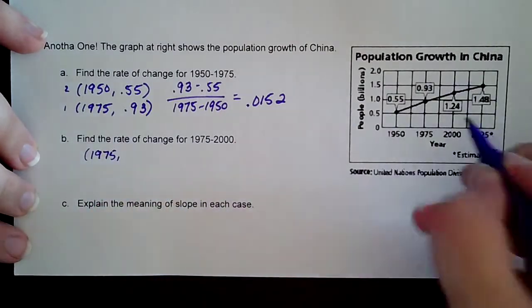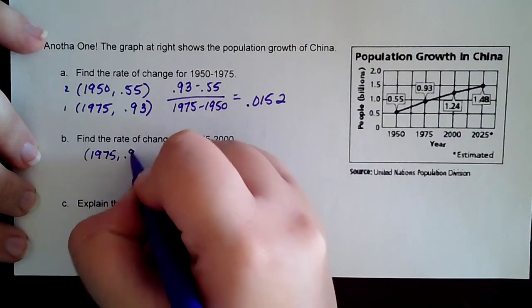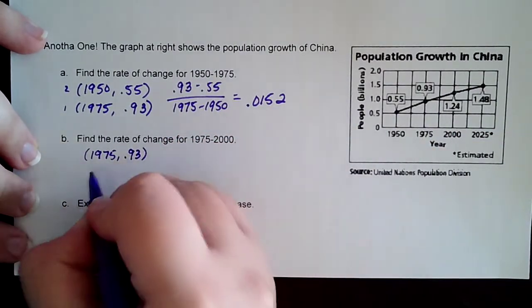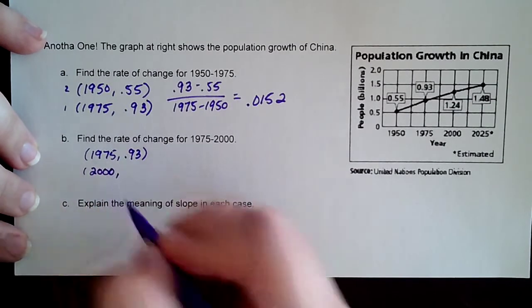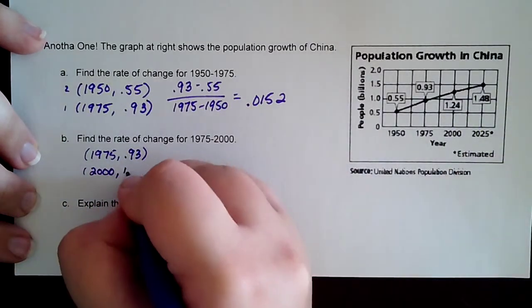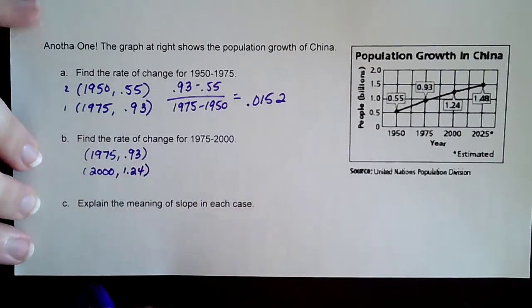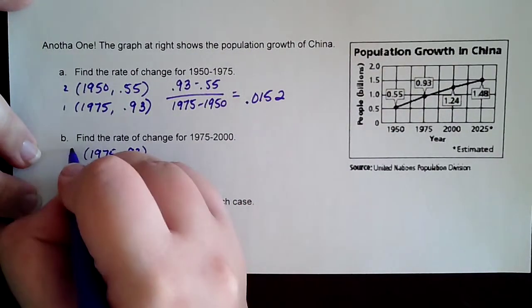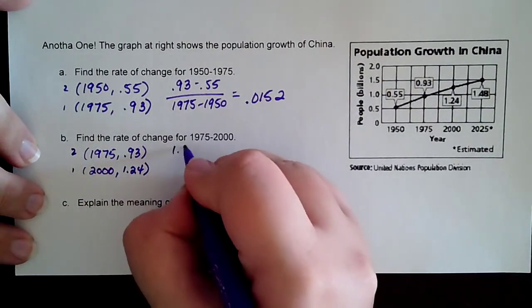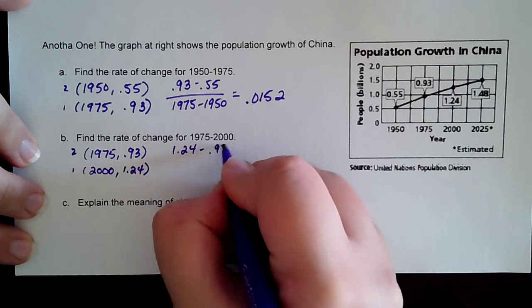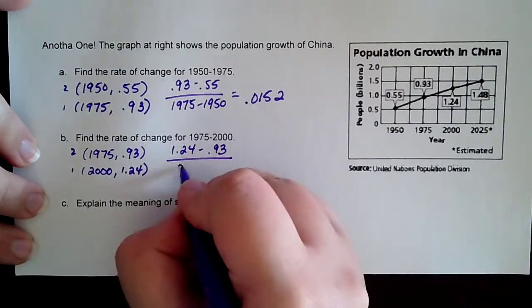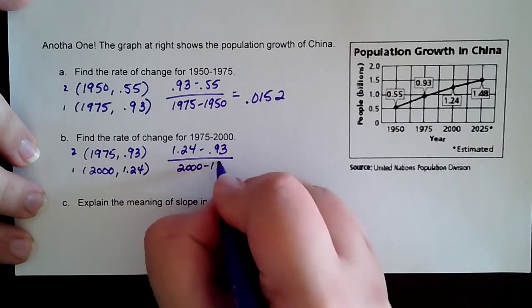1975, our population was 0.93 again. Says to go to 2000, so in time 2000, we were at 1.24. Pretty big jump. I'm going to use that as y1 and that as y2. 1.24 minus 0.93, divided by 2000 minus 1975.